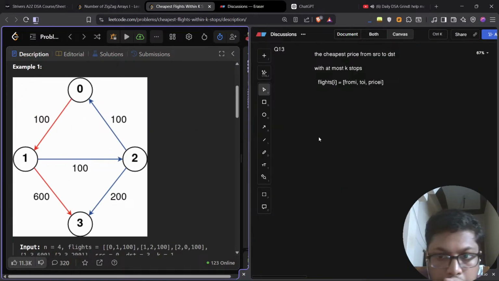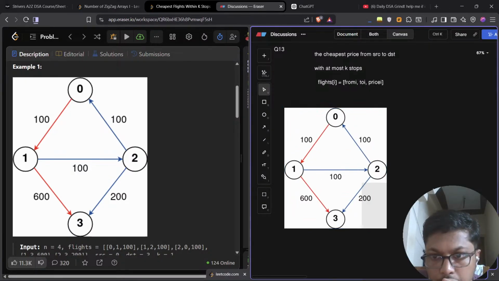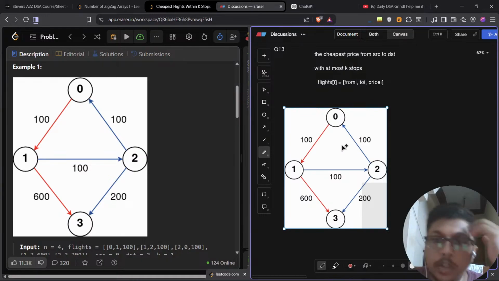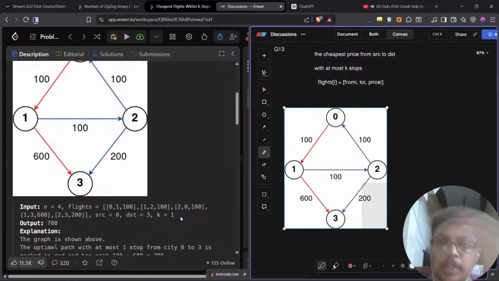So let's consider this example. How do I find a solution for it? Here the source is 0, the destination is 3, and k is 1. So we can make at most one stop.